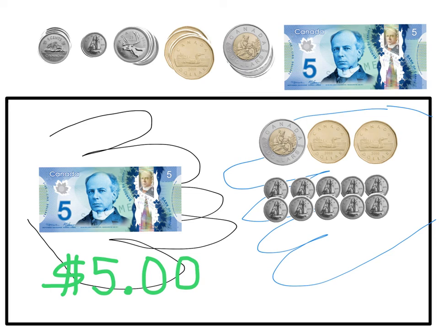That says $5. Remember, when you're using the dollar sign, you always have to have a decimal, because that separates the dollars on the left, and the right-hand side would be the amounts that are cents. And then on the right-hand side, it's written the same way, so $5.